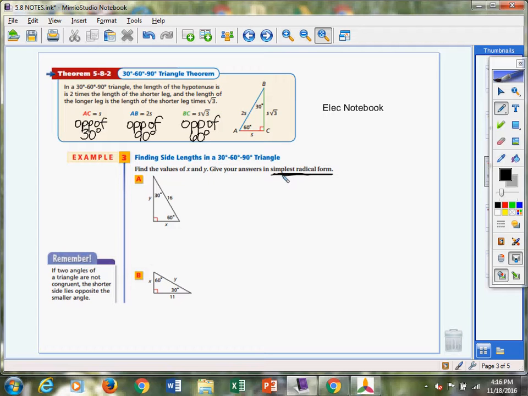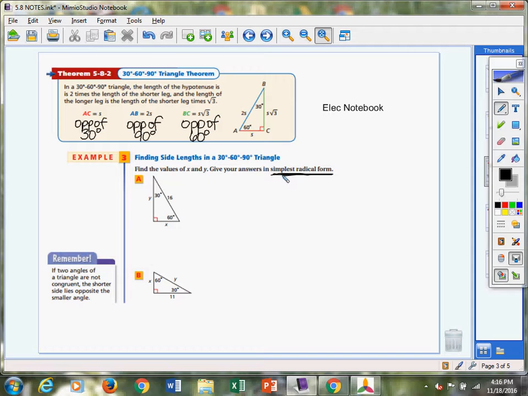All right, so what do we know in letter A? Well, it's clearly marked that it's a 30, 60, 90 triangle. It's also marked that 16 is opposite of our 90-degree angle. That is our longest side. It is our hypotenuse.